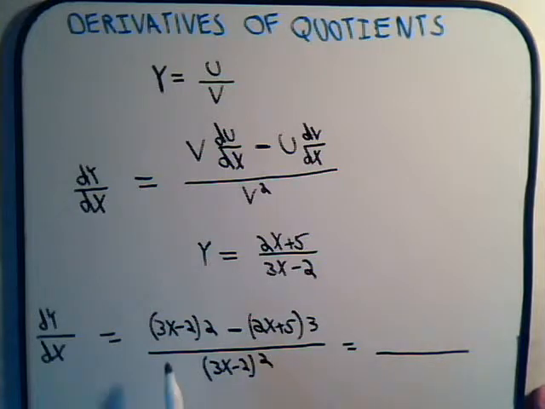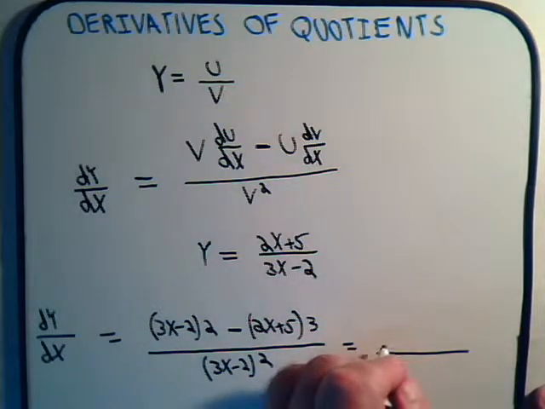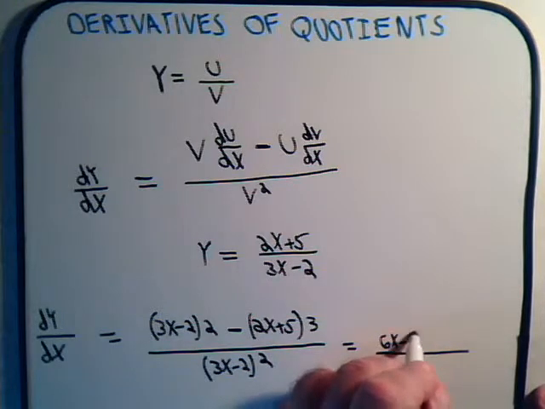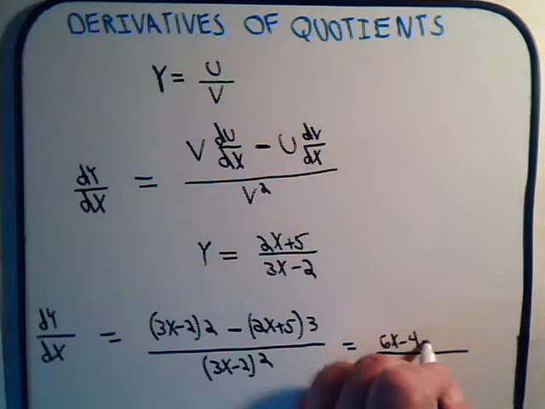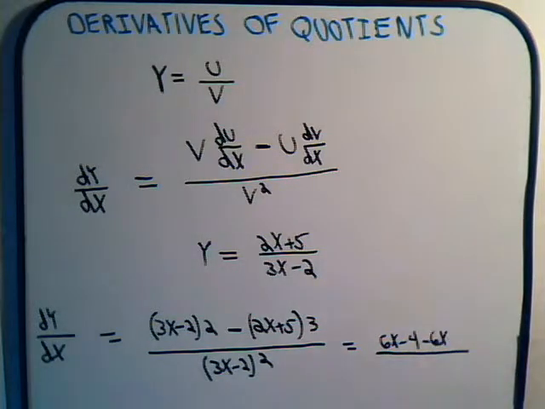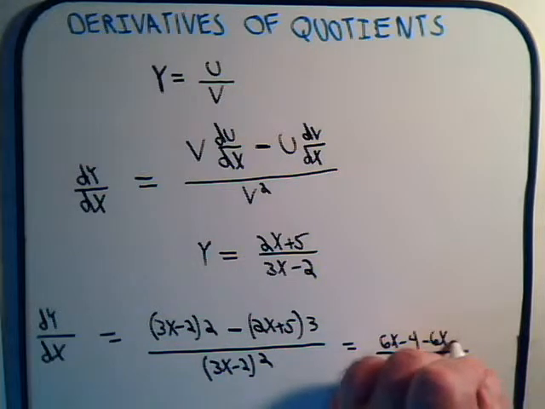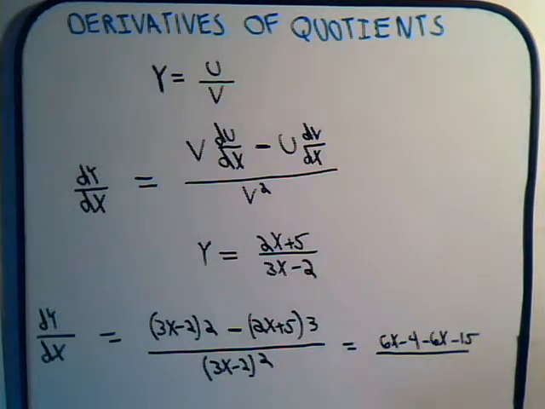What do we have upstairs here? We have 6x minus 4. And let's see, from here it looks like we have minus 6x. And 5 times 3 is 15, minus 15 divided by 3x minus 2 squared.